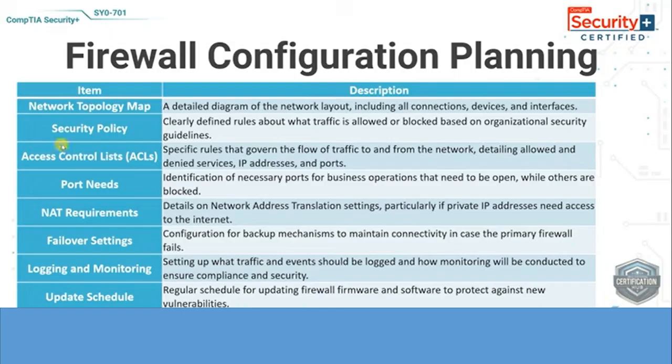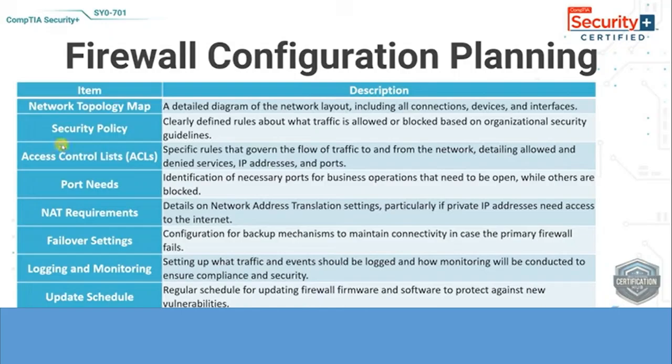We also need the security policies: clearly defined rules about what traffic is allowed or blocked based on organizational security guidelines. We need to have an idea about the specific rules that govern the flow of traffic to and from the network, detailing allowed and defined services, IP addresses, and ports.